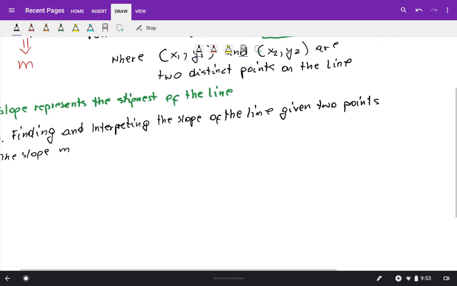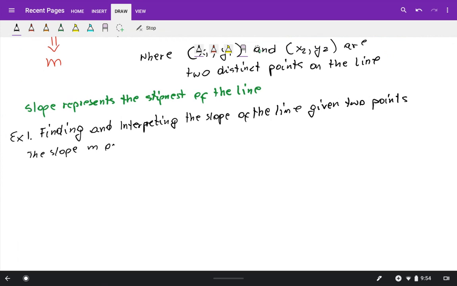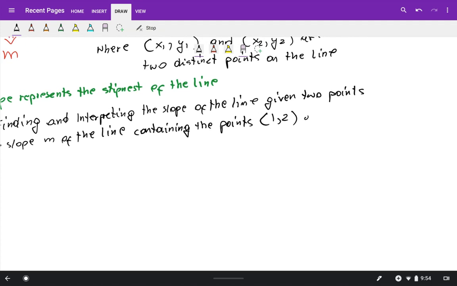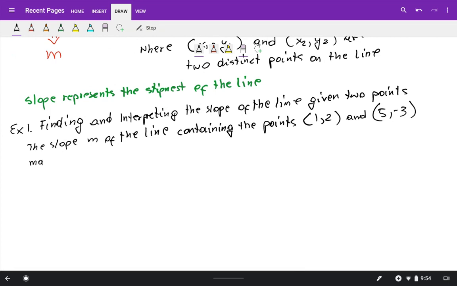So the slope m of the line containing the points (1, 2) and (5, -3) may be computed as follows. Here I want you to find the slope of the line which has 2 points.